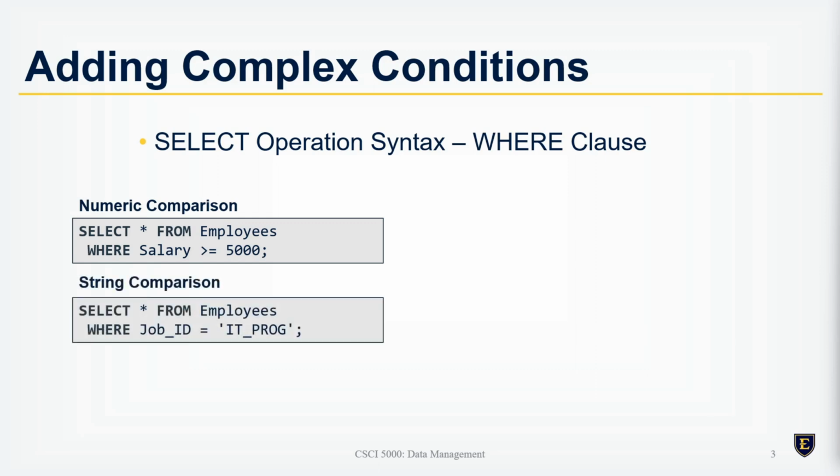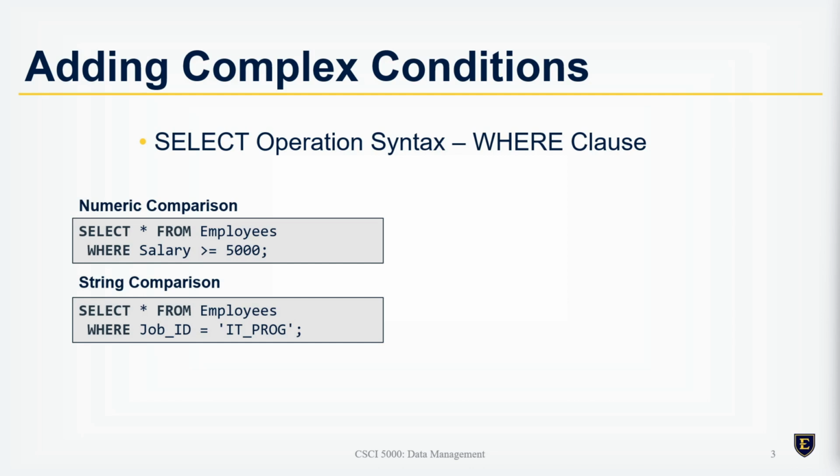Another example is doing a string comparison. Notice the difference here: with a numeric comparison, you do not need the single quotes around it, but when you are comparing any kind of strings or any kind of text data, that needs to have single quotation marks around it.